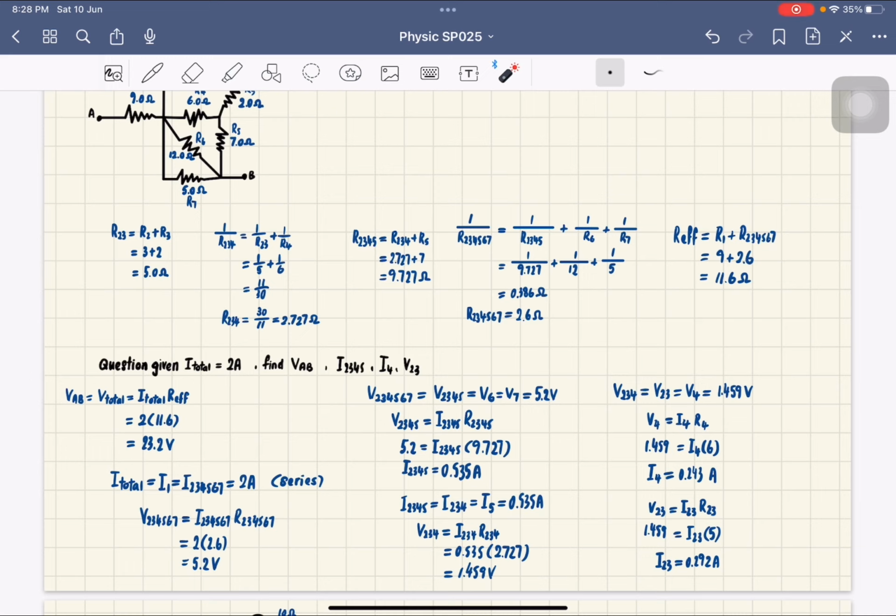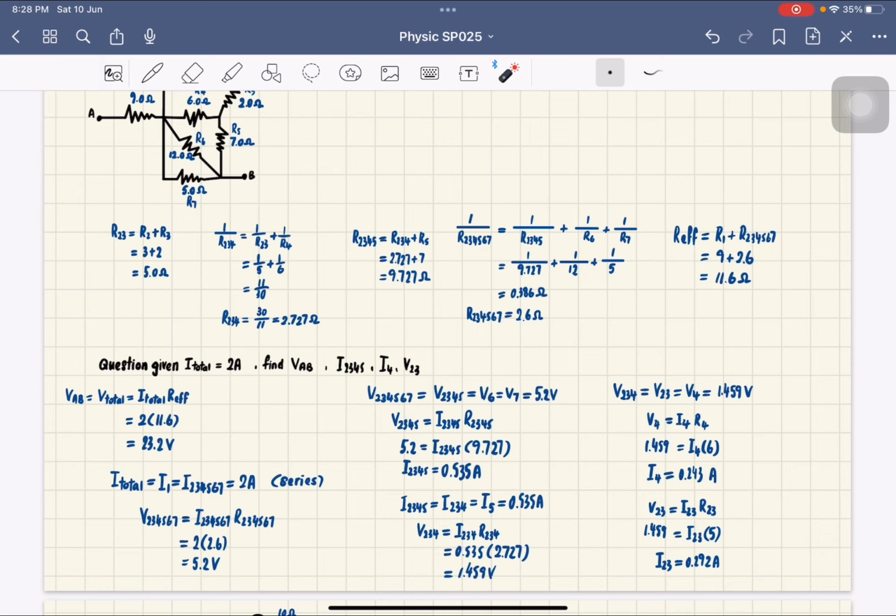Then I2345 is the same as I234 and the same as I5, since the resistor 234 and the resistor 5 are arranged in series, so the I is constant. So the V234 is 1.459 volts.